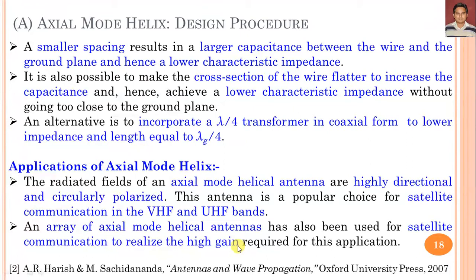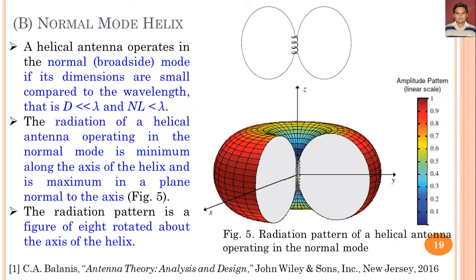So we can say this kind of helical antenna is widely used in satellite communication, especially for very high frequency and ultra high frequency, where the requirement of a highly directional and circularly polarized antenna is needed. In that case, we are using the axial mode helix antenna.